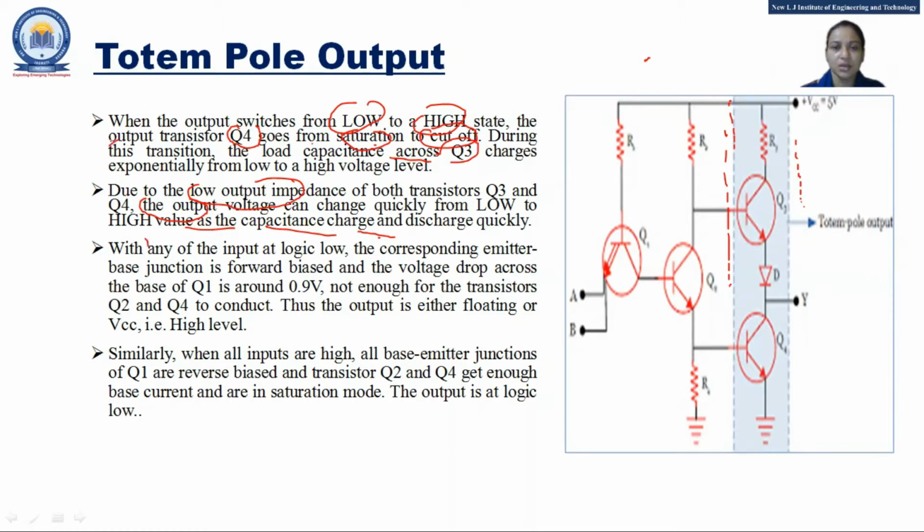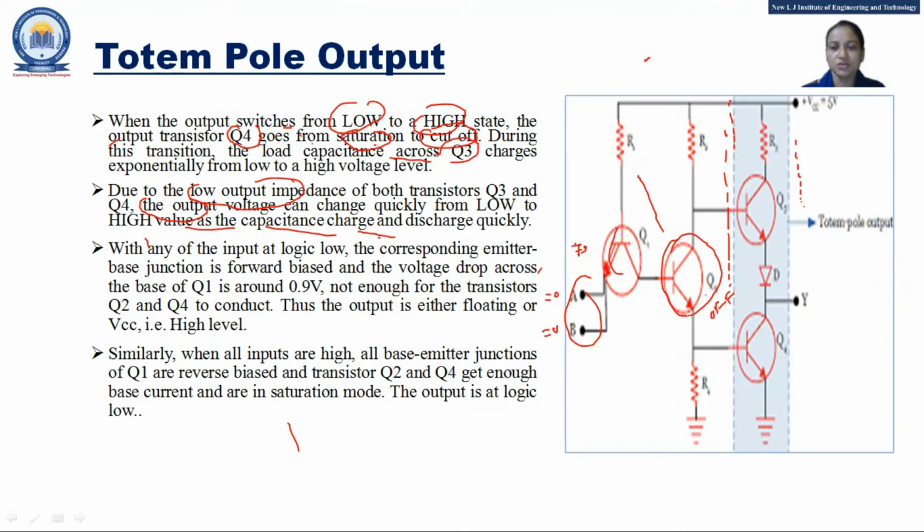Now, as you can see from the figure, if we apply A equal to 0 and B equal to 0, then Q1 is in forward bias. So the base current flow is not enough to make Q2 on, so it is in the off condition.